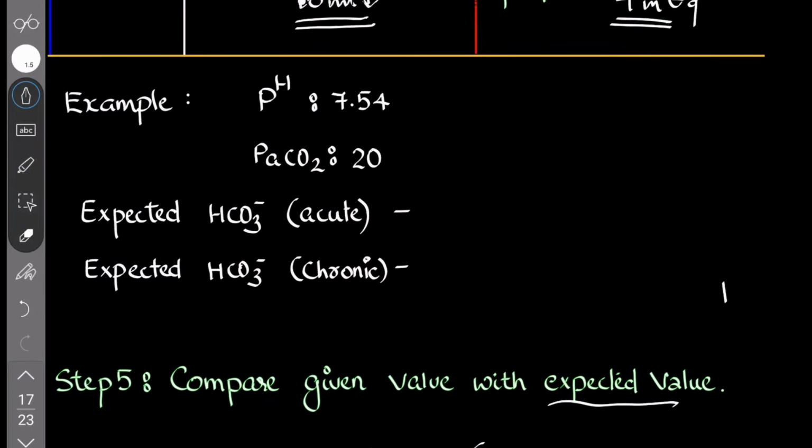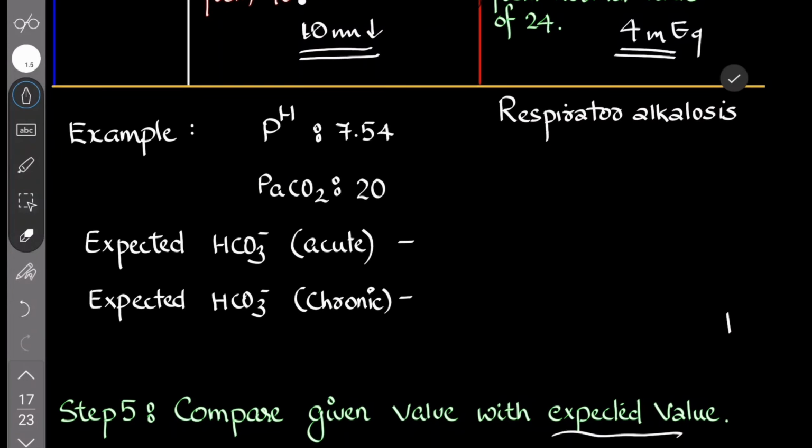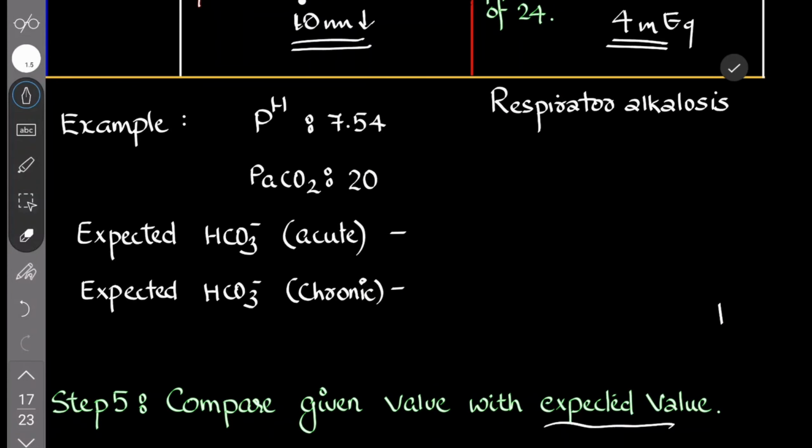So we'll see an example with pH 7.5, PaCO2 20. So it is a respiratory alkalosis because PaCO2 has decreased. In the acute form, for every 1 millimeter of Hg it is 0.2. Here, compared to 40, there is a 20 millimeter of Hg decrease.